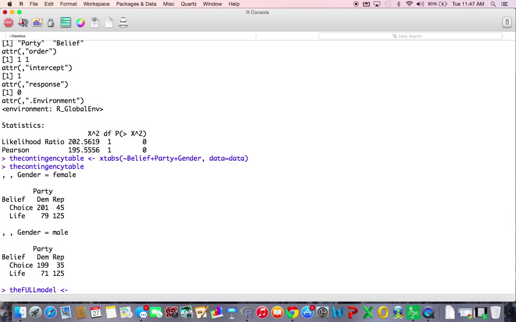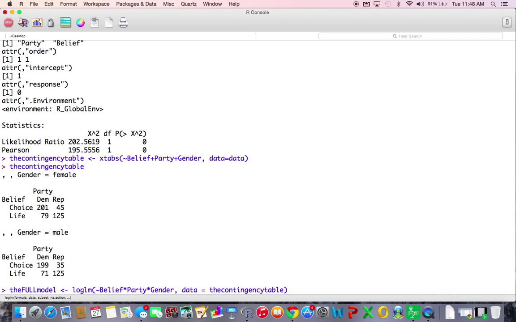Okay, now you should know what's going on here. We want to run the log linear model of belief plus party. I'm sorry, that would have given us the main effects. And I want my data to be the contingency table.